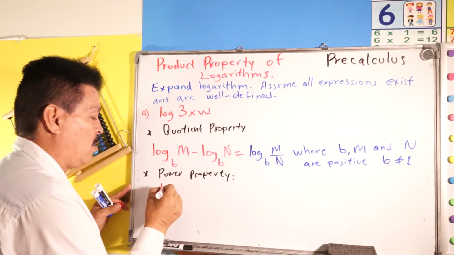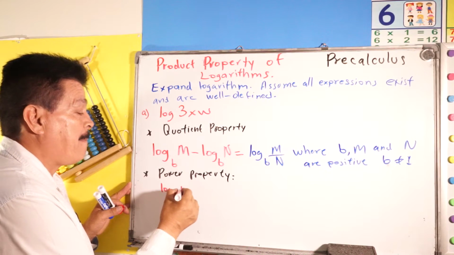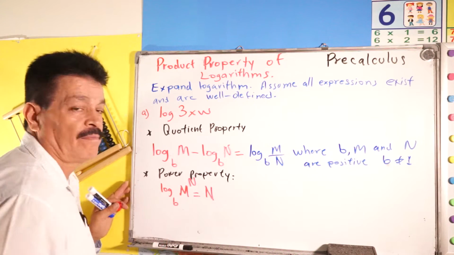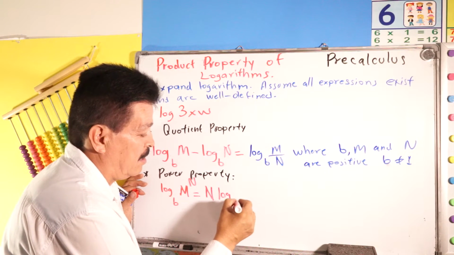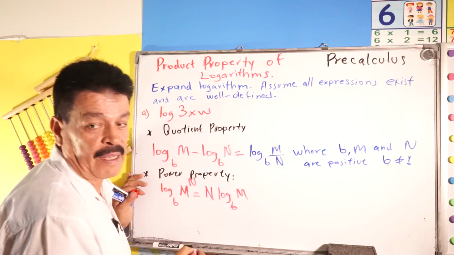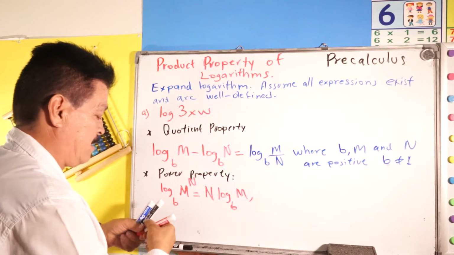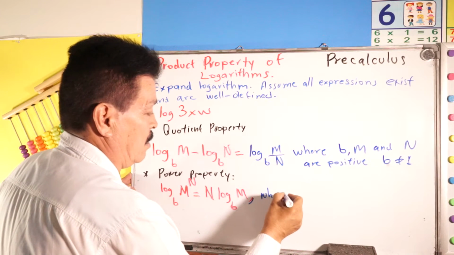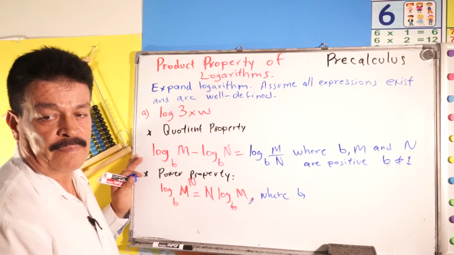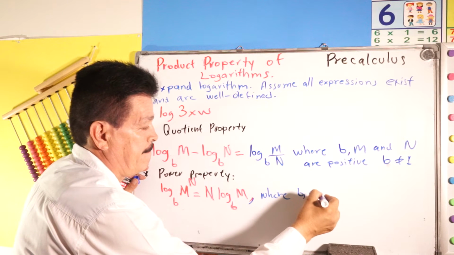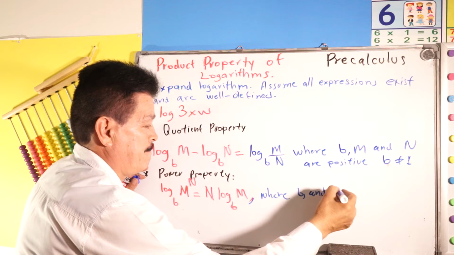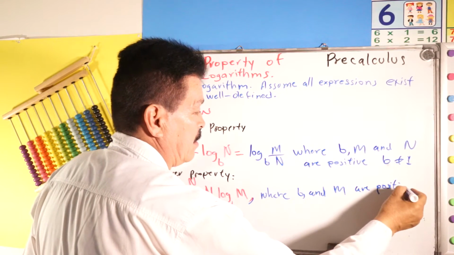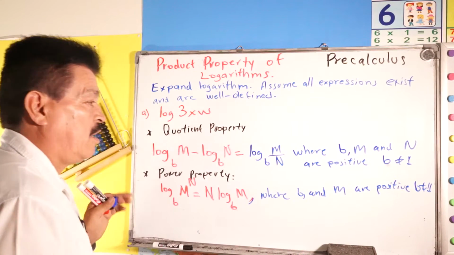It's when you have log of m to the n power with the base b, this is equal to n times log of m with the base b, where b and m are positive, and b is different from 1.